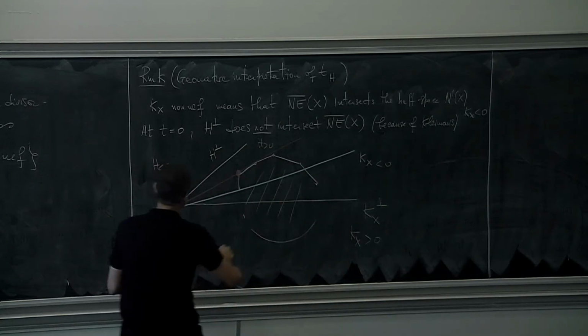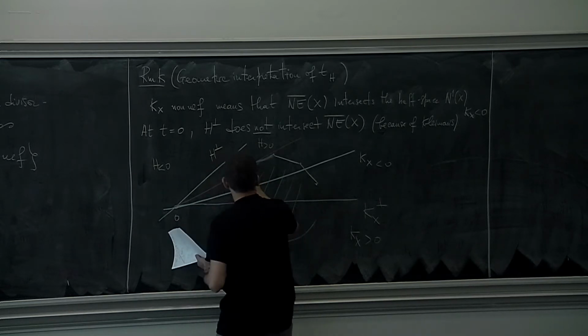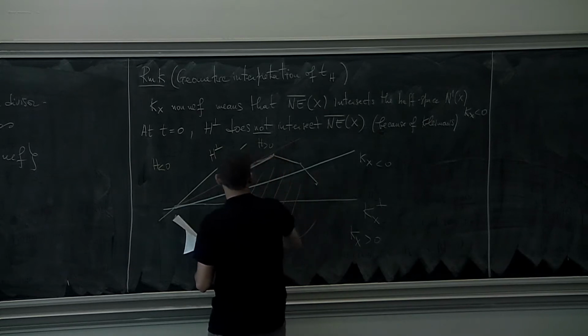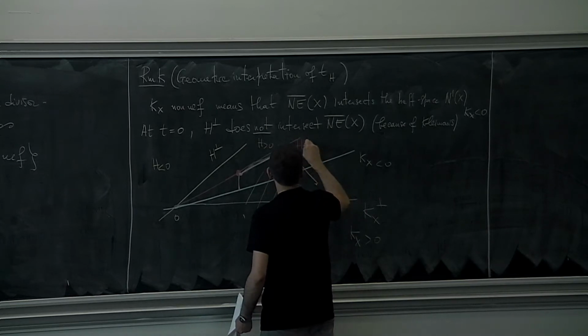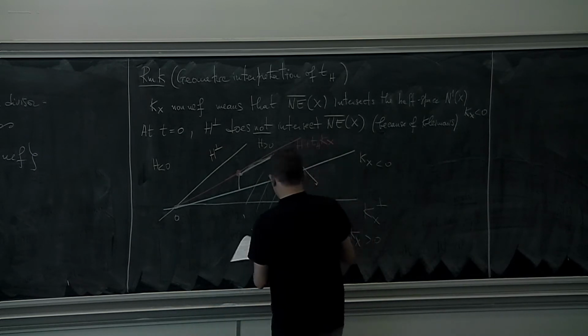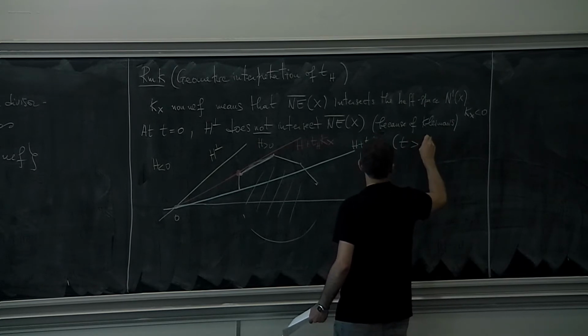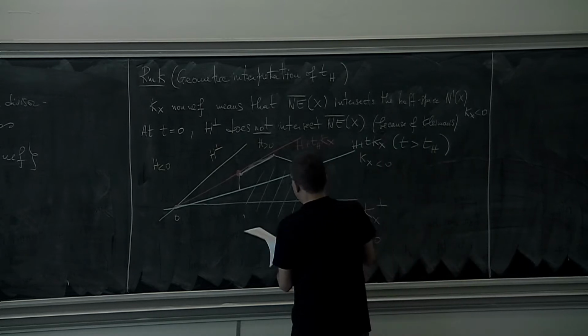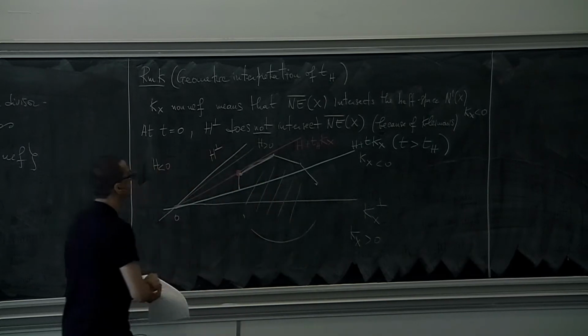So here, let me draw more. Here is H + tK_X for t greater than t_H, and here is the case where t is less than t_H.